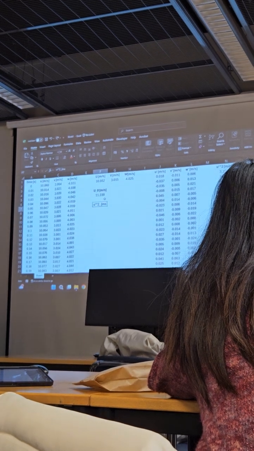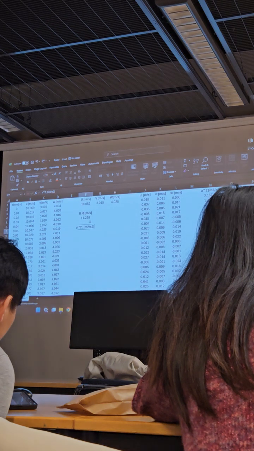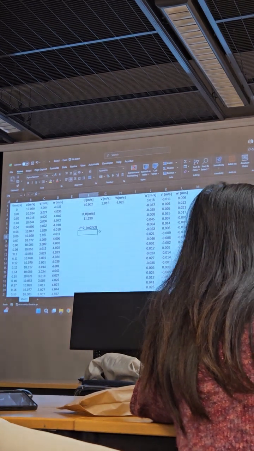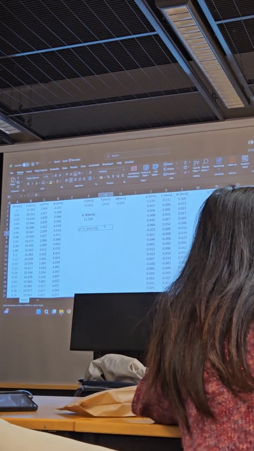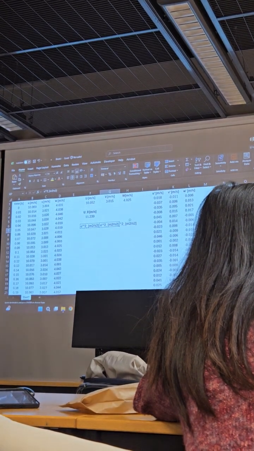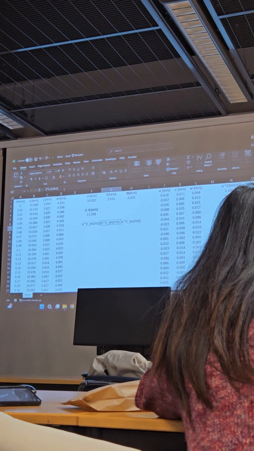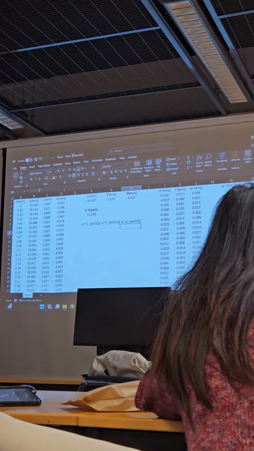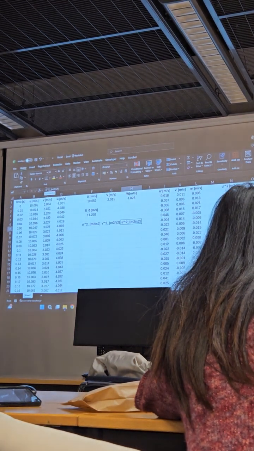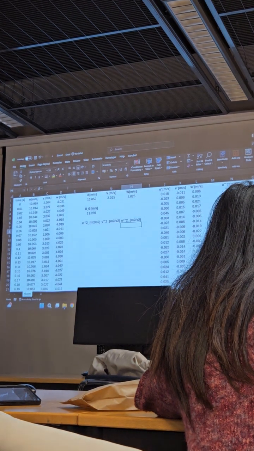And this is square meter over square second. And we can do the same for the other two components. So we get here v prime square time average, and the last value that we need is w prime square time average.